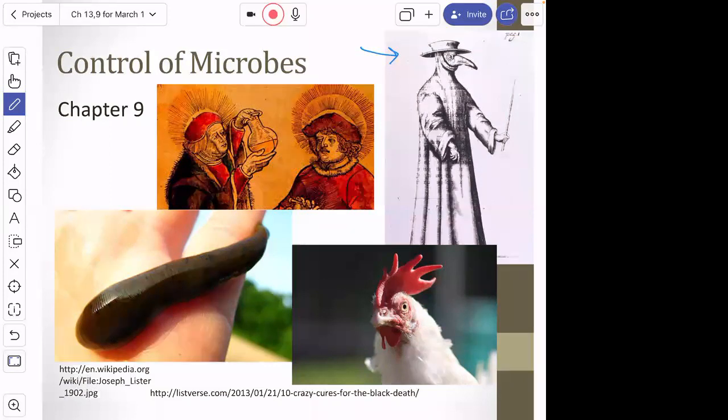We didn't know how to prevent disease. There was all sorts of crazy things that people would do. They thought smoking would keep away disease. So you would see even little kids smoking pipes. Bathing in urine was popular for a while, apparently. Tying a dead chicken to your wound, not a dead chicken, a live chicken that had been plucked.